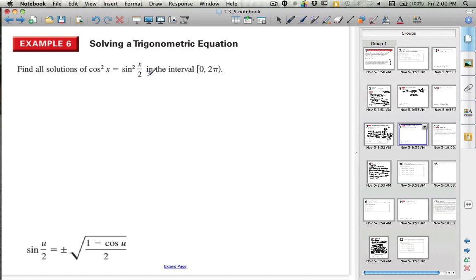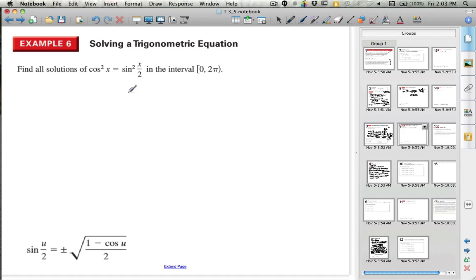So if we want to take a look at something like this, finding all the solutions of cosine squared x equals sine squared of x over 2.